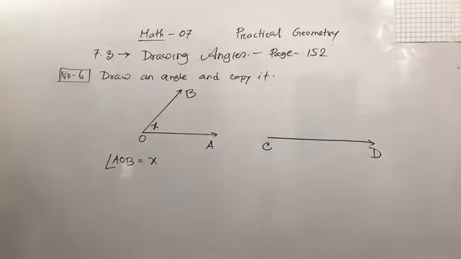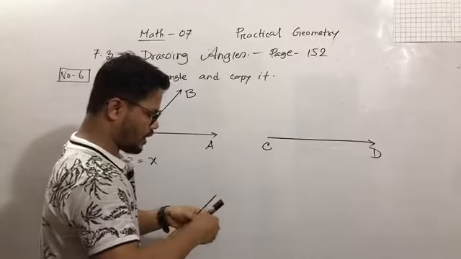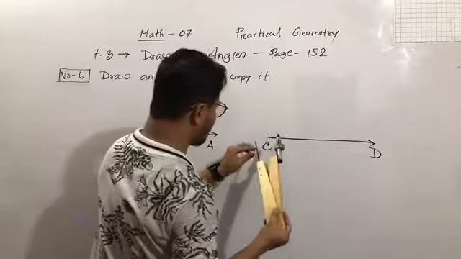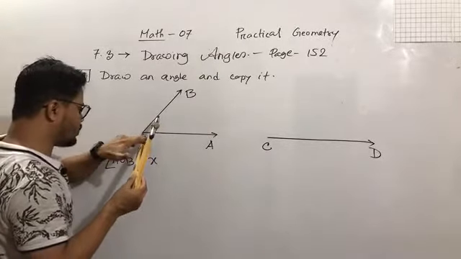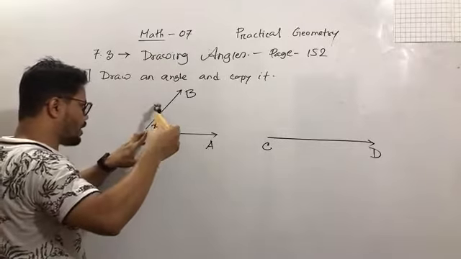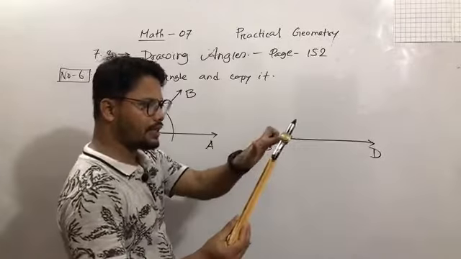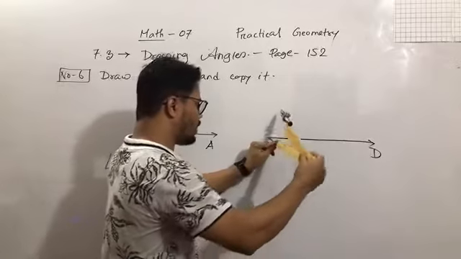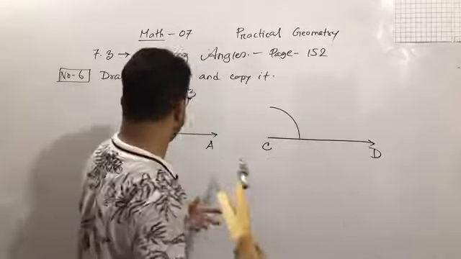Now the first step, placing the pointer. This is the most important part here. Placing the pointer at O, taking any suitable radius, draw an arc on OA and OB, and taking the same radius and placing the pointer at C, draw an arc on CD.